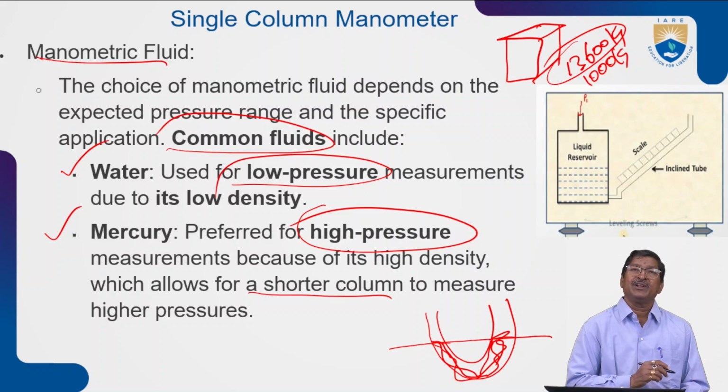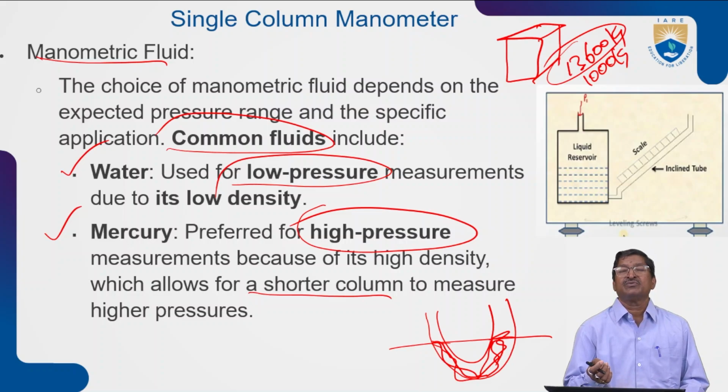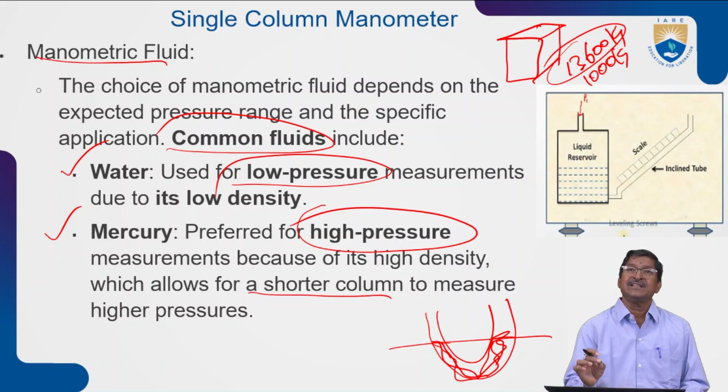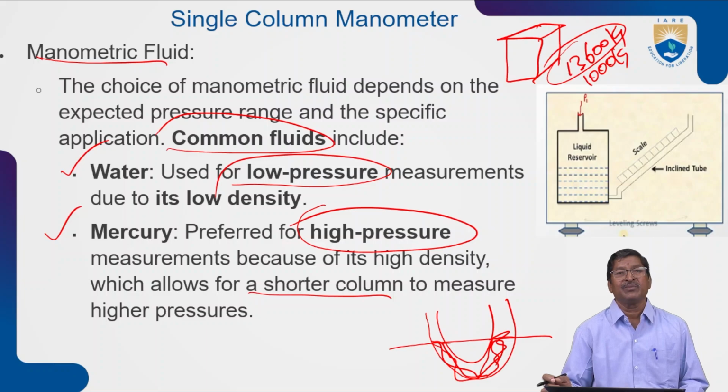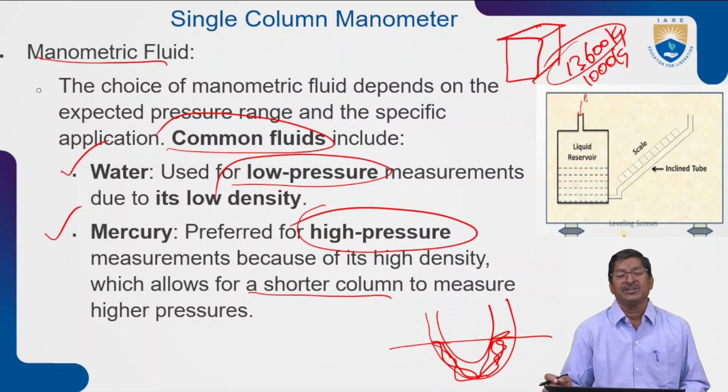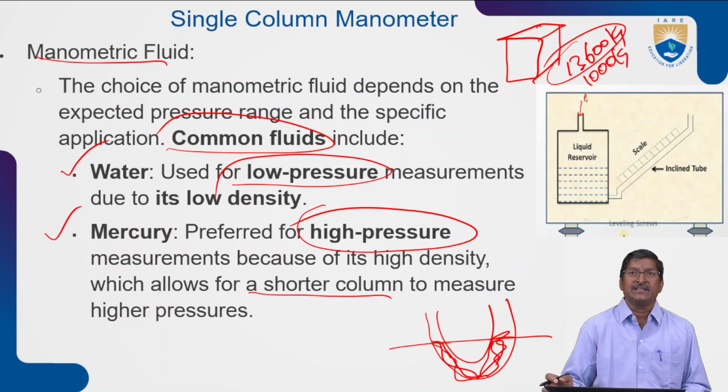So if you apply any pressure, it will rise only a little bit. So that's why for very high pressures, there will be very little change in the level of the mercury in both the left limb and right limb. That's why mercury is used as a manometer fluid whenever high pressures are to be measured.